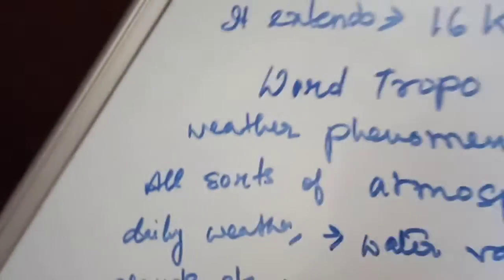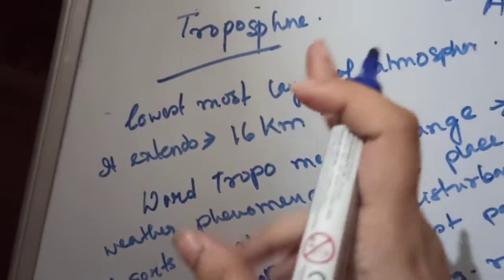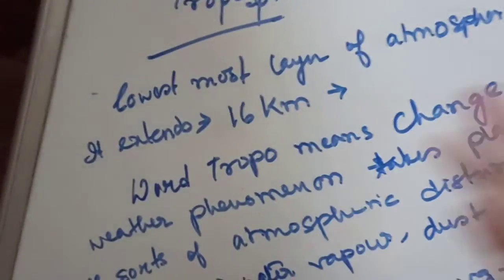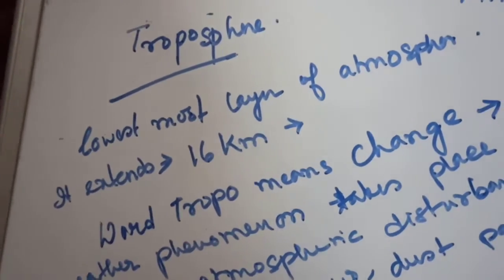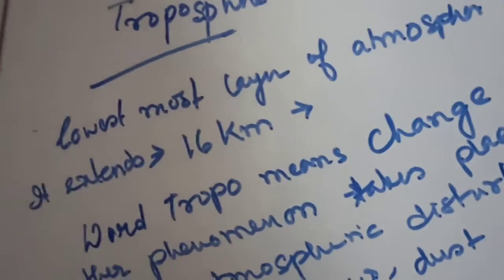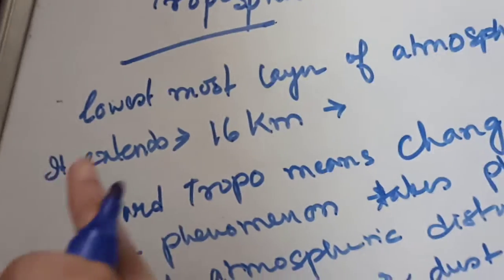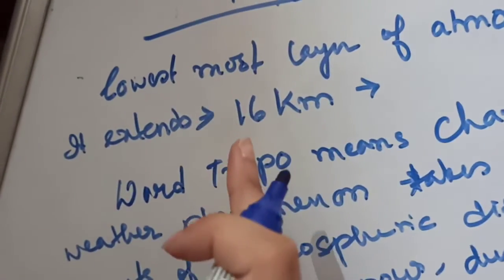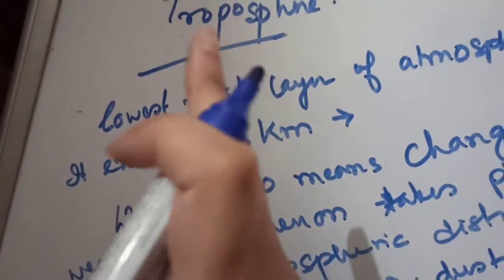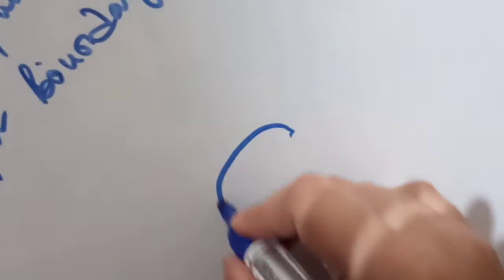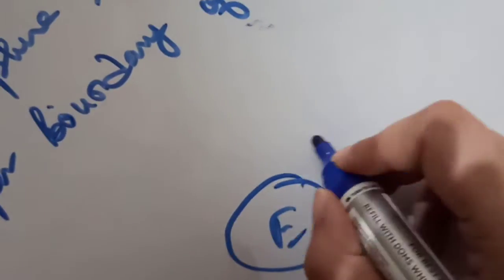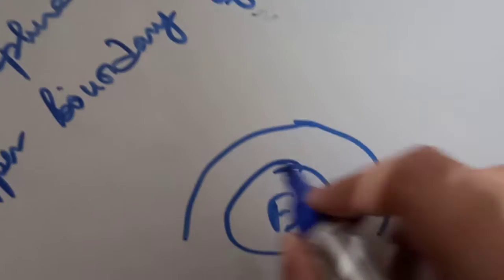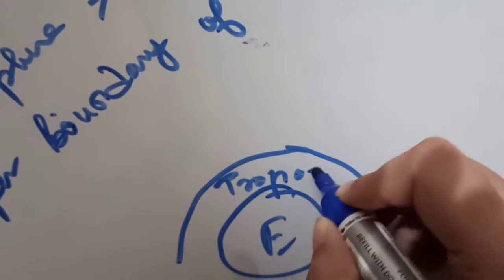Now let us see this troposphere once again. The troposphere is the first layer of the atmosphere, and it is also the lowermost layer. It extends to a height of about 16 km from the surface of the earth. If this is our earth, the first layer that we have above our earth is the troposphere.